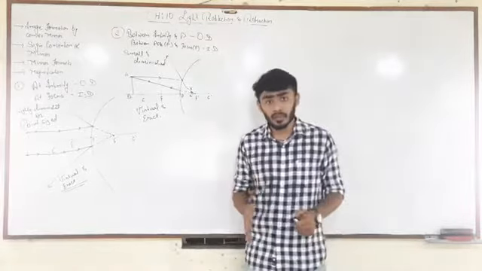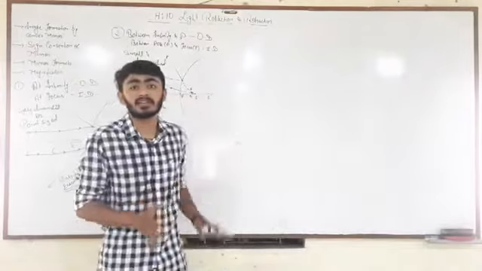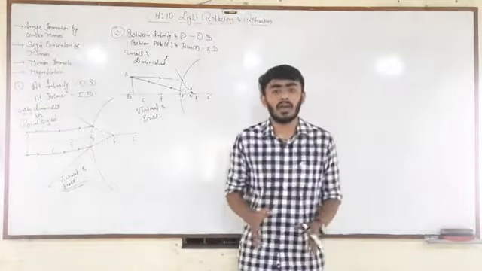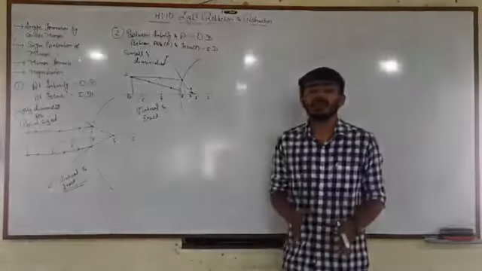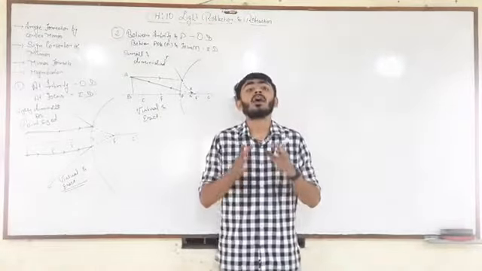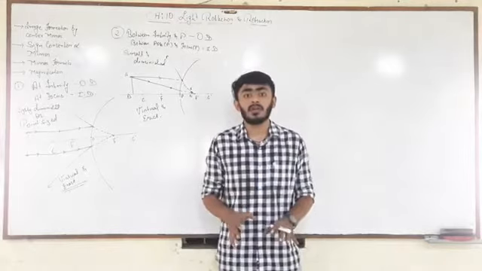In short, sign convention stands for rules for measuring image distance as well as object distance on any curved surface. Fine students, I hope you are clear with this. Sign convention stands for rules and regulations of image formation on any curved surface mirror.